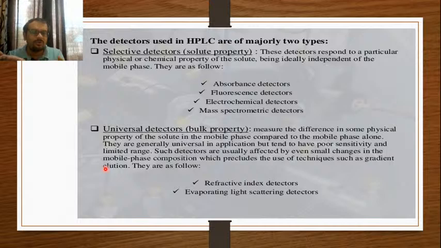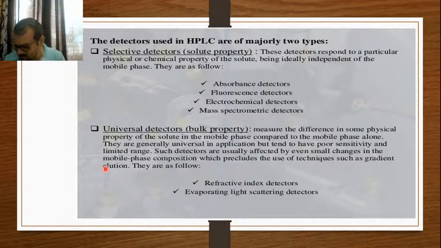Now somehow if the mobile phase composition gets changed, maybe by addition of impurities, or maybe particles from the column may get entrapped into the mobile phase, the composition of the mobile phase gets changed. Hence the universal detector system cannot compare it properly and you will not get the proper signal.